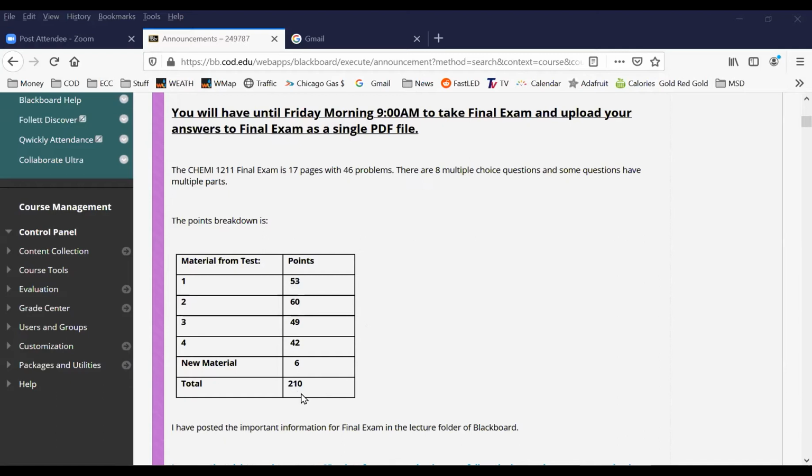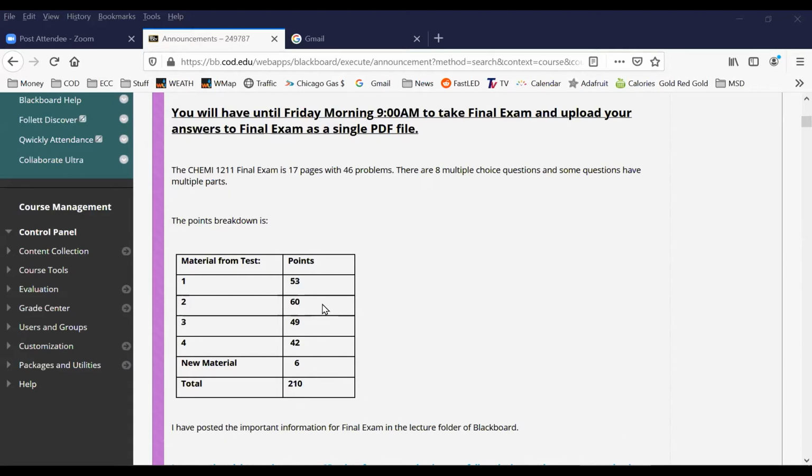And I can tell you based on this class, the average on the final will probably be around 180 points out of 210. That's the same as having a 90 average on the hourly exam. Think of the finals like 2 hourly exams slapped together. Not really, but think about it.